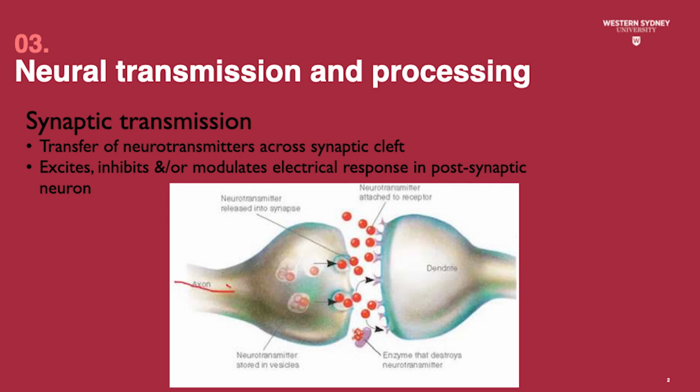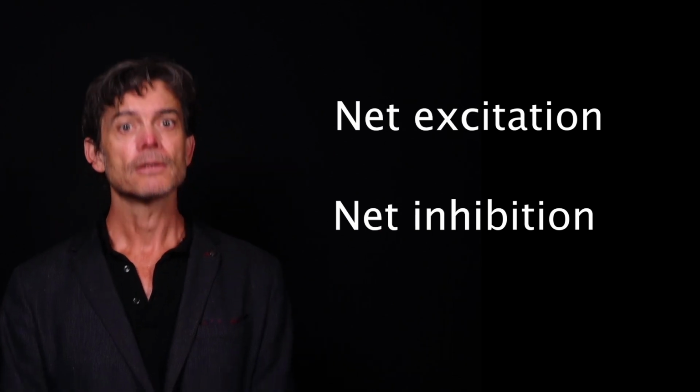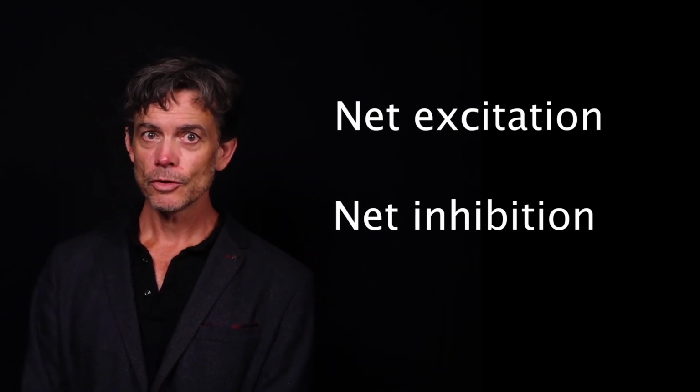In order to transmit a neural signal across a synapse, the action potential in the presynaptic neuron releases what are known as neurotransmitters, which travel across the synapse, which then chemically bind with the postsynaptic neuron. This chemical binding may induce a net excitation or a net inhibition in the postsynaptic neuron.